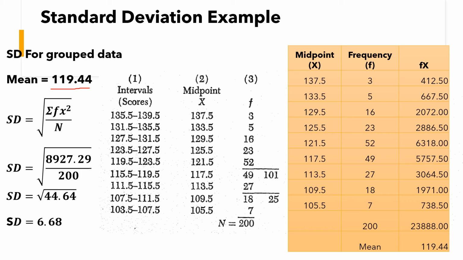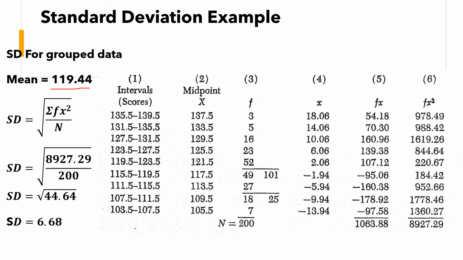The mean value for this data is 119.44. So we have the mid value and frequency, and now we calculate x, meaning the deviation from our mean value. In this case 137.5 minus 119.44, the difference between these two is 18.06, which is positive.